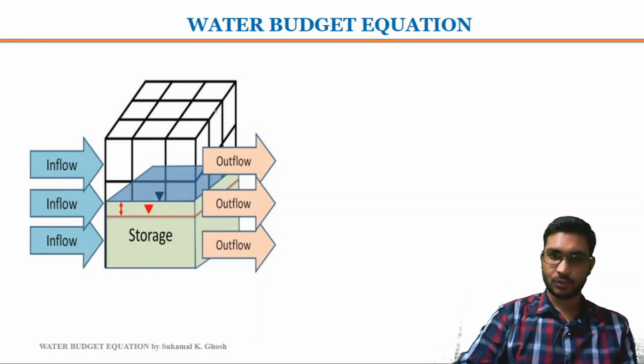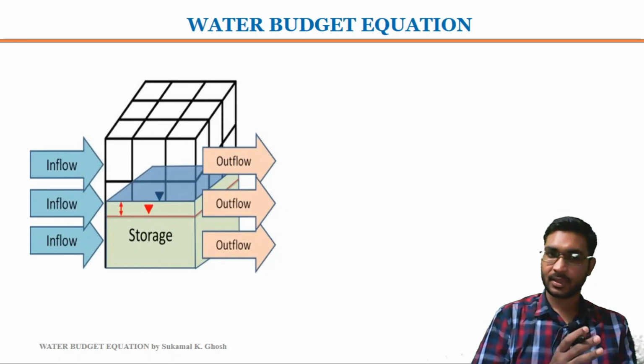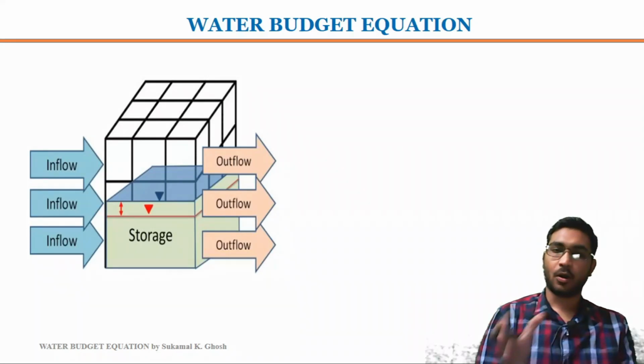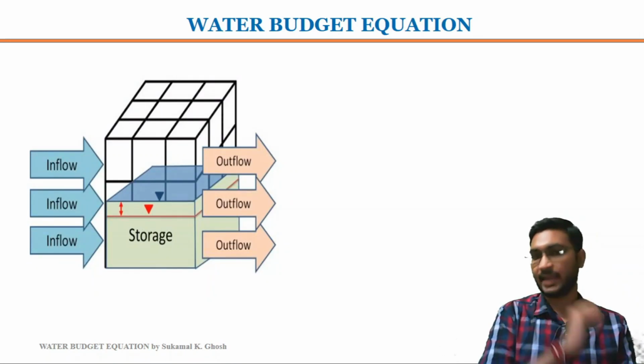Basically the water budget equation is the mass inflow of water to a catchment area minus the mass outflow of water from a catchment area equals the change in storage in that catchment area.